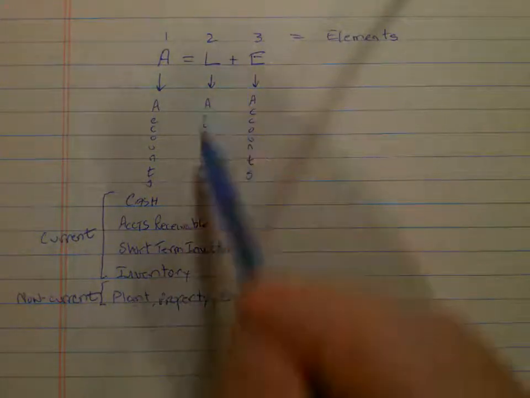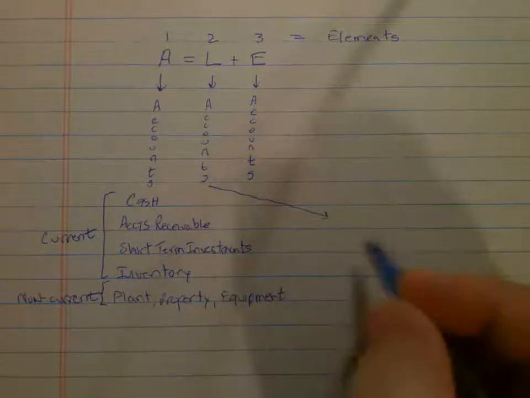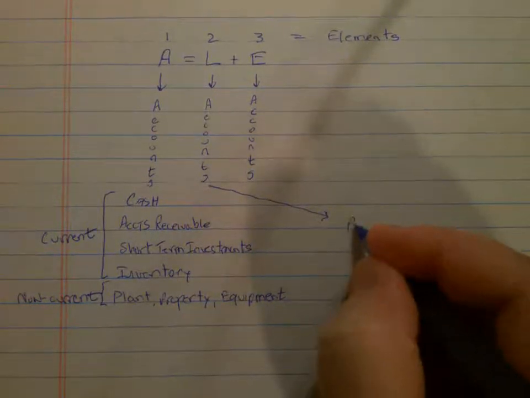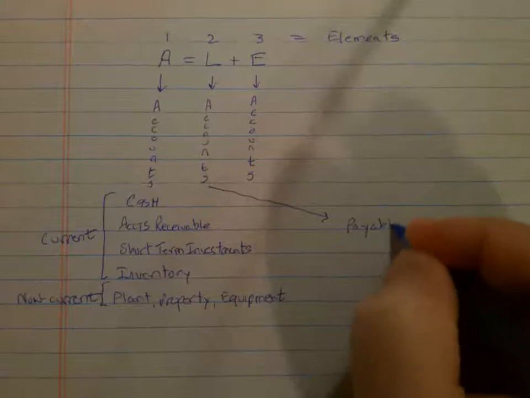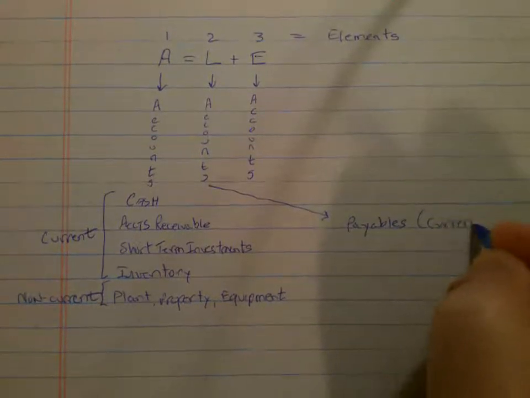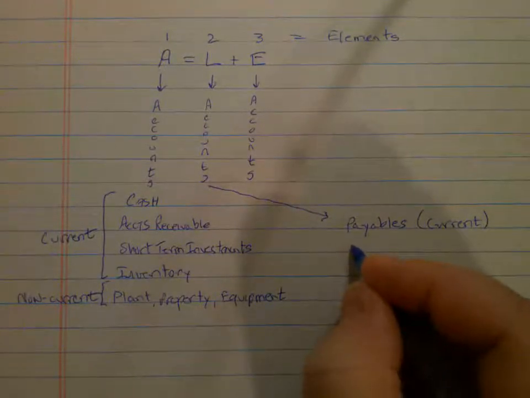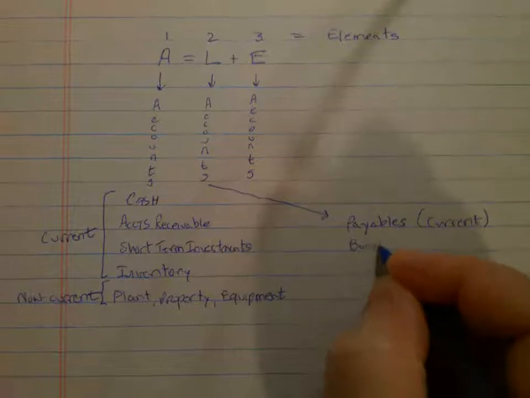The primary account you'll deal with in liabilities, and I'm going to draw a little line over here, is going to be payables. And they tend to be current in nature. They're a current liability. Other things that are long-term would be bonds.